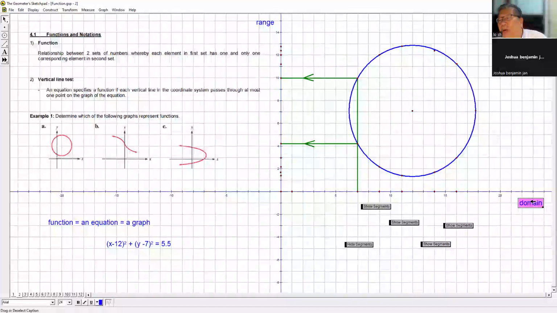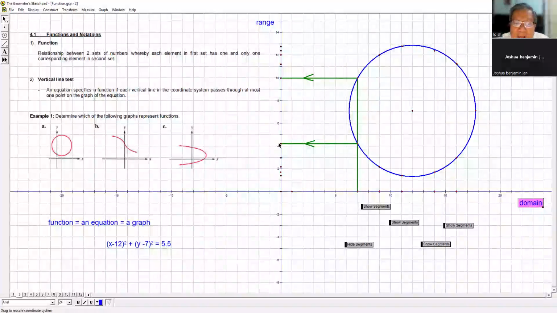These numbers here represent the domain. And if it is a function, then one number from the domain will only correspond to one number in the range. Can you see the word range here? These numbers here are all the range. So that means one value of x should give rise to one value of y. Then it will be a function.